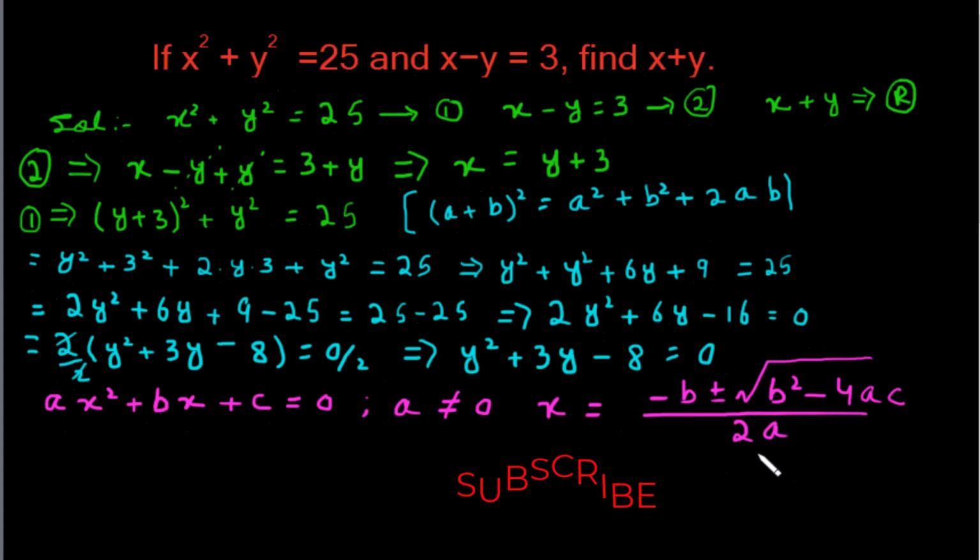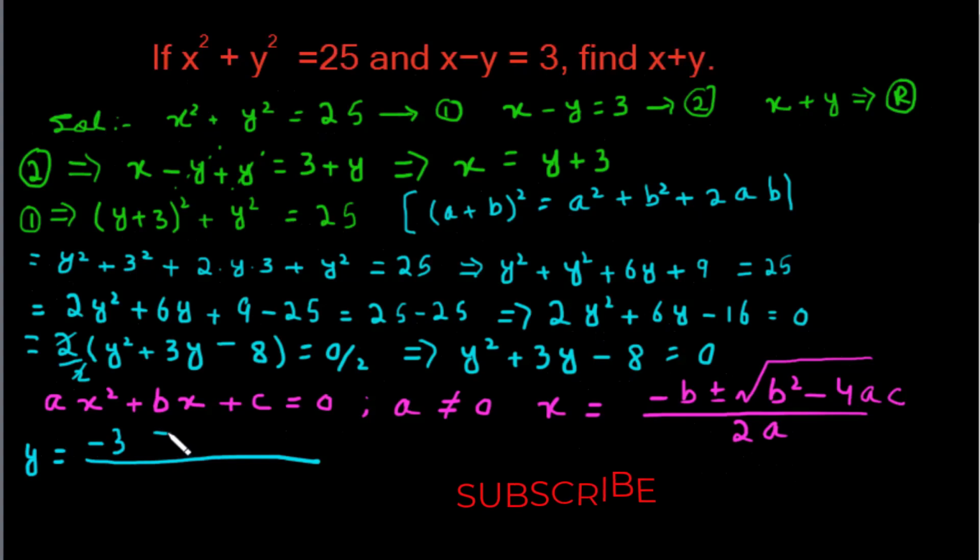So we see that a is the coefficient of x squared, b is the coefficient of x, and c is a constant. So I will use these coefficients in this formula. I will come up with y is equal to minus 3, as 3 is the coefficient of y, plus or minus the square root of 3 squared minus 4, with a equal to 1, times c, that is minus 8, divided by 2 times 1.